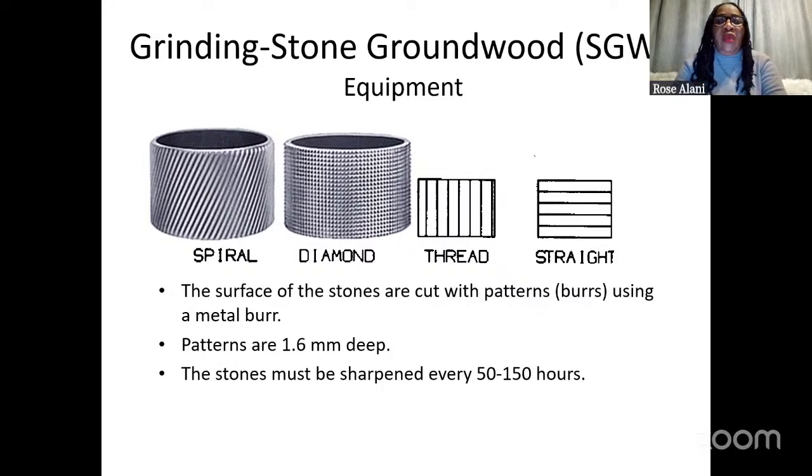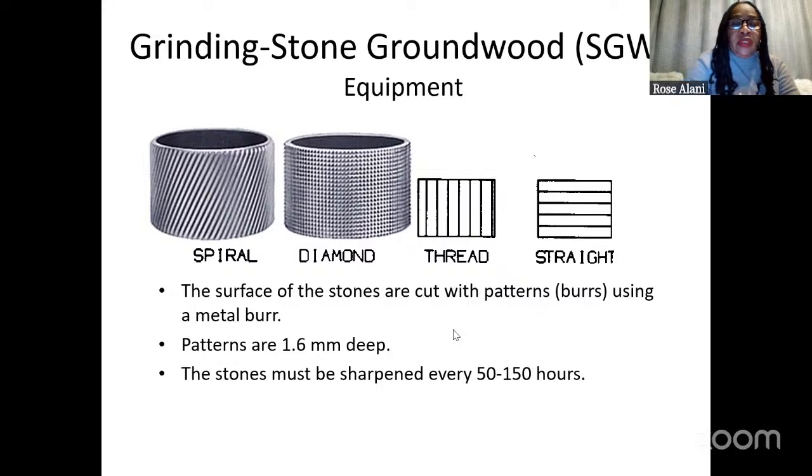So when the wood gets into it, it will break it and crush it and bring it out. You have different patterns of cutting the stone. See the different patterns here. You can have the thread, the stretch, the diamond, the spiral.